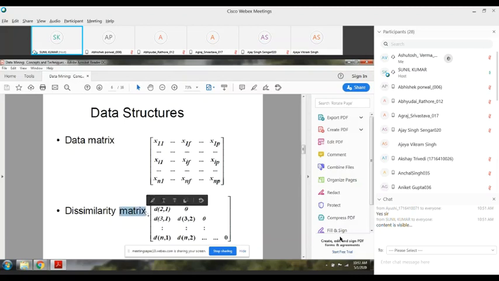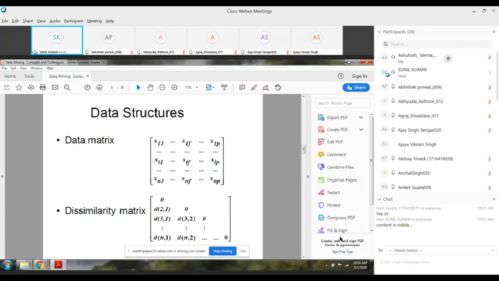If I am talking about two objects and want to find the dissimilarity between them, it is computed like D21. Please see here, D32 indicates the dissimilarity between object 3 and object 2.